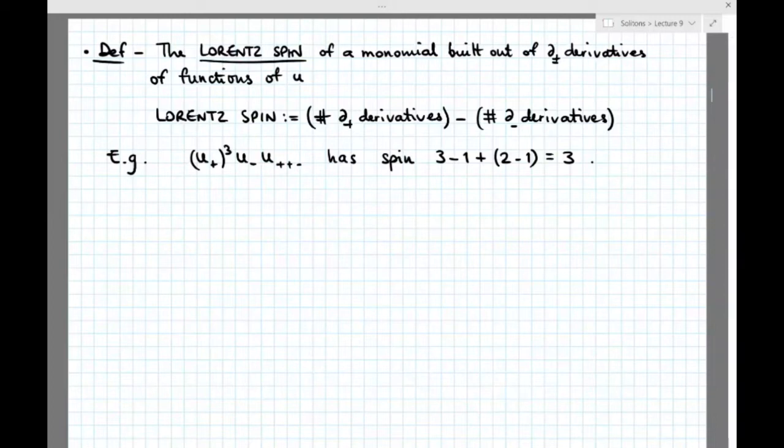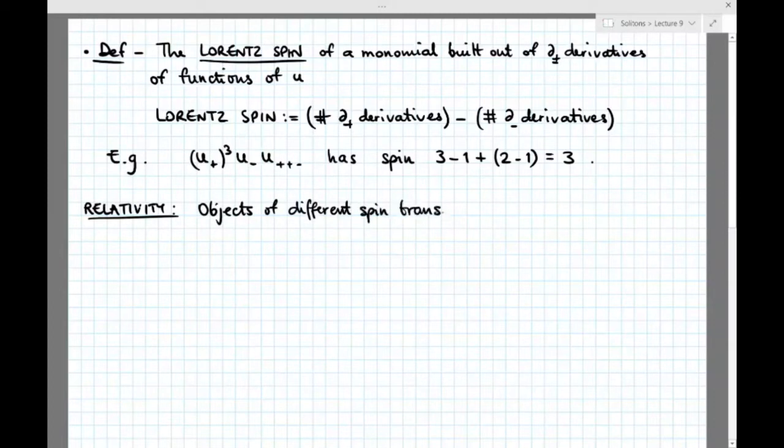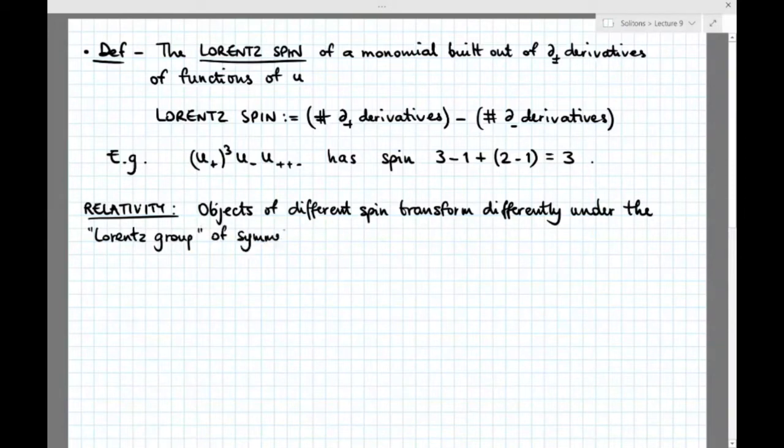So why is the Lorentz spin useful? Well, because the laws of special relativity imply that objects of different spin transform differently under the so-called Lorentz group, of symmetries of relativistic field equations.